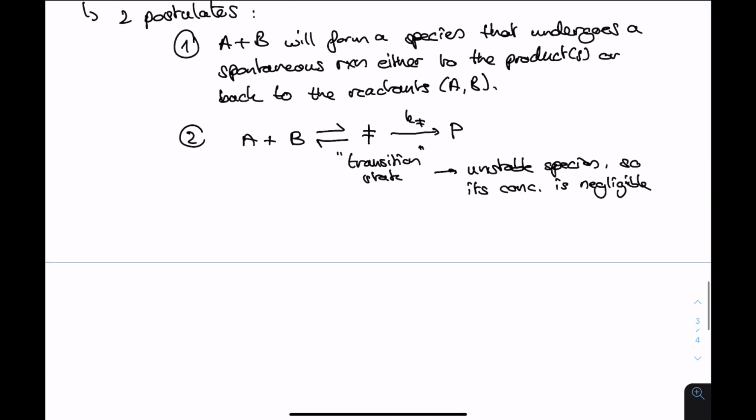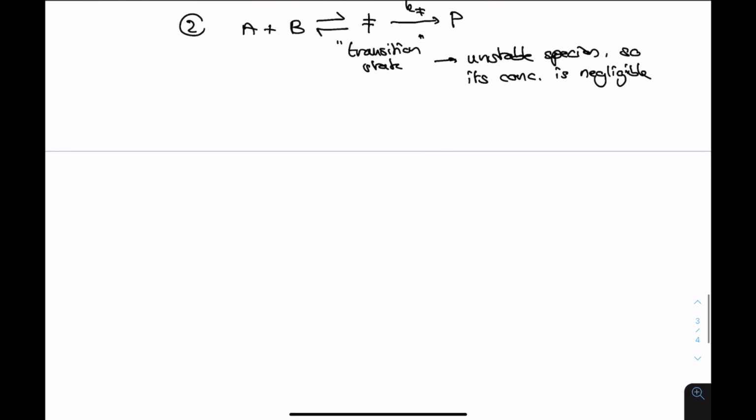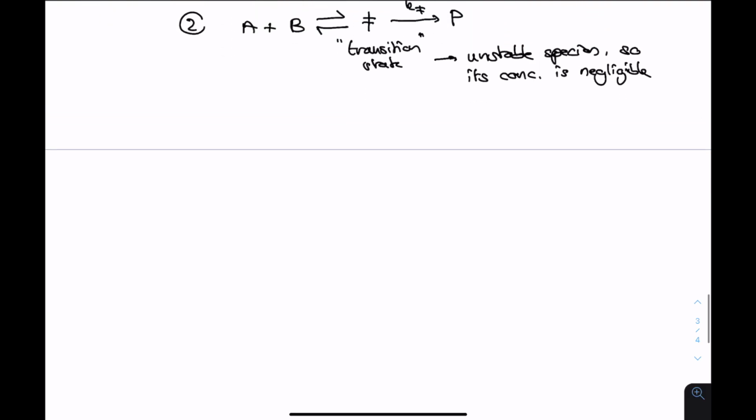Right, so graphically, this will be like you're used to, right? If we look at an energy landscape, we have something like this. A plus B, here's the product, here's the transition state.